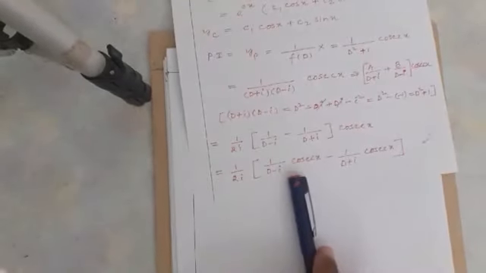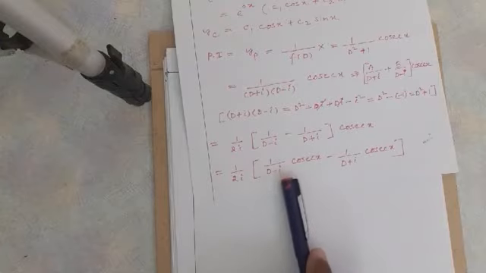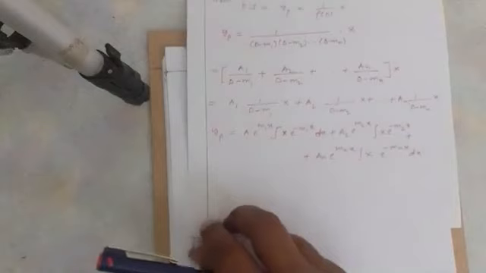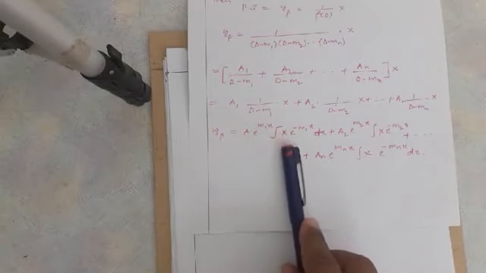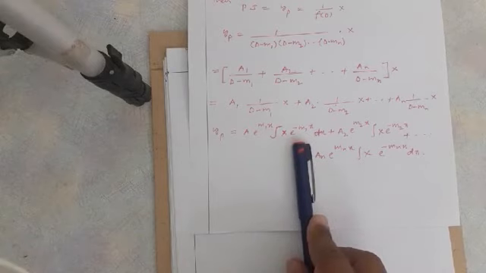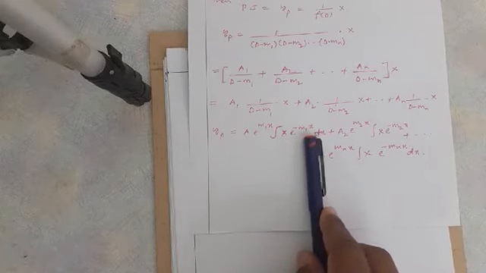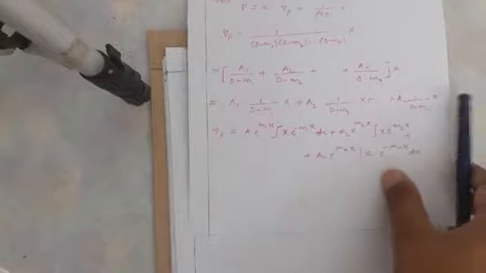So it is 1 upon d minus m1 into cosec x. If that is the case, then according to the procedure we can write a into e power m1x integral capital X e power minus m1x dx. Okay, so I am writing that here.